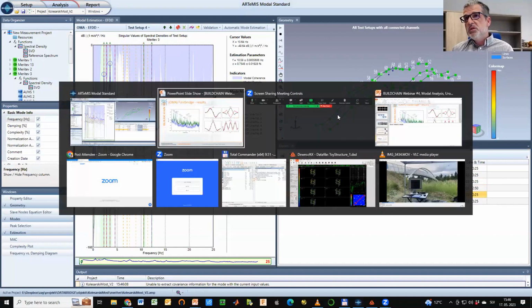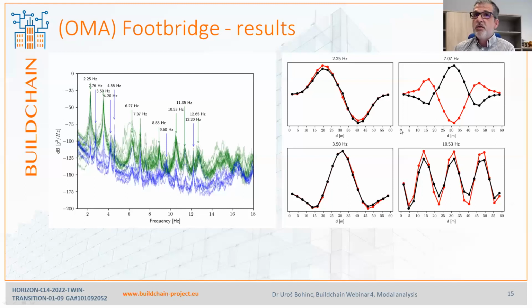And yes, you can gain meaningful information from the experiments, and especially if you are able to validate the numerical model of the structure with experimental data, then you gain a powerful tool which can help you through the life cycle of a structure to monitor it very closely, to predict the maintenance and so on.